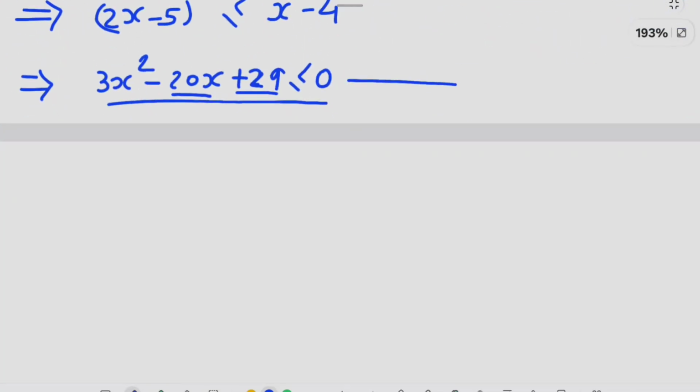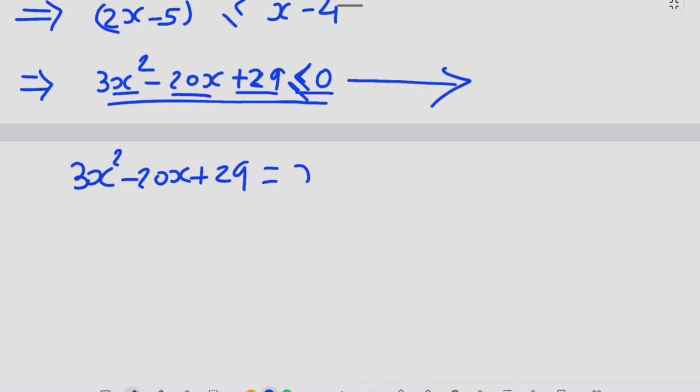So this is our quadratic inequality, and we have to find where it becomes 0, because this is a less than or equal to sign. So we can take 3x square minus 20x plus 29 is equal to 0.